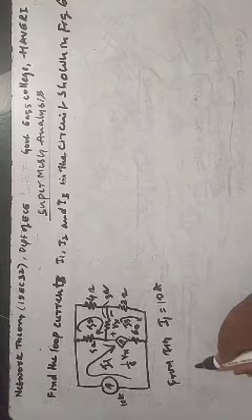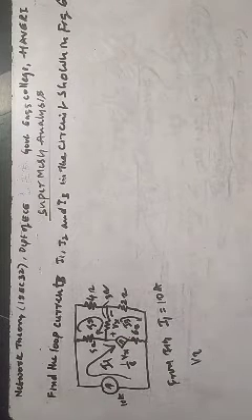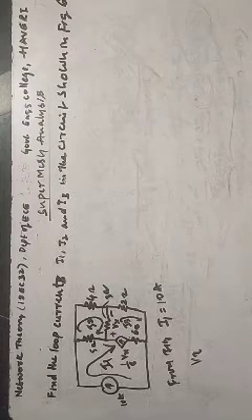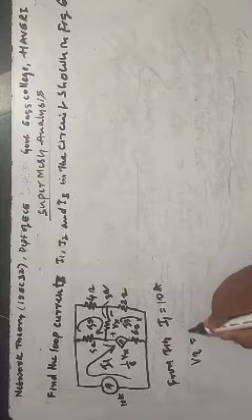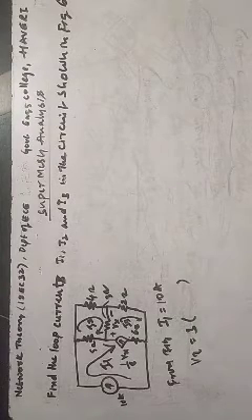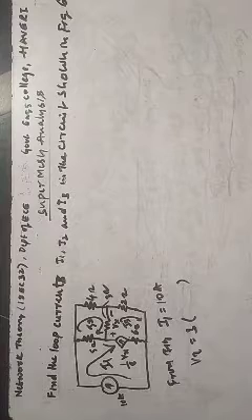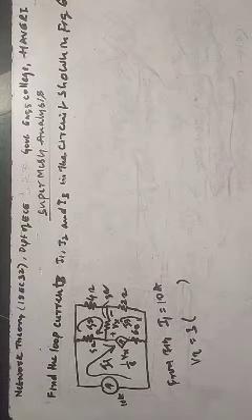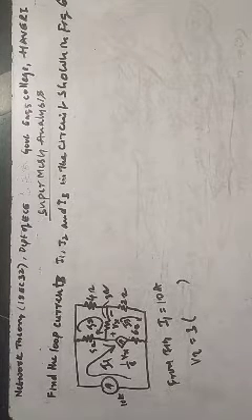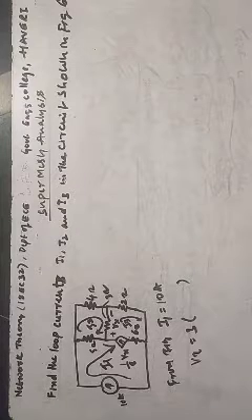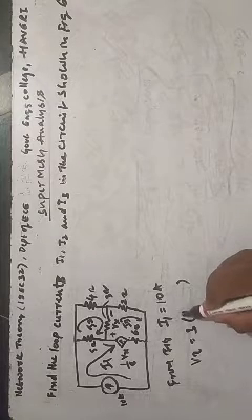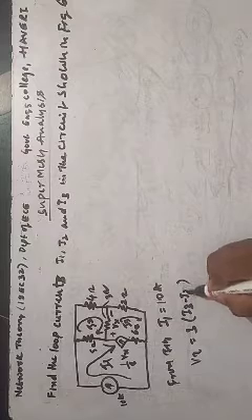From the figure, Vx, the voltage across the 3 ohm resistance, is equal to 3 times the current. The current through the 3 ohm is I3 minus I2.